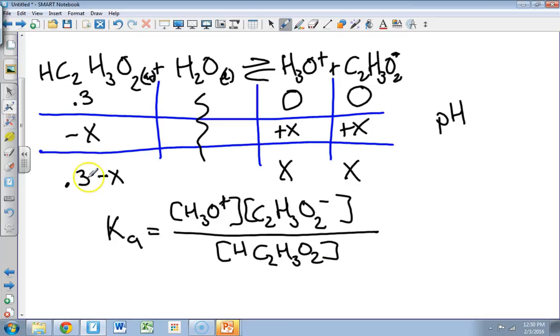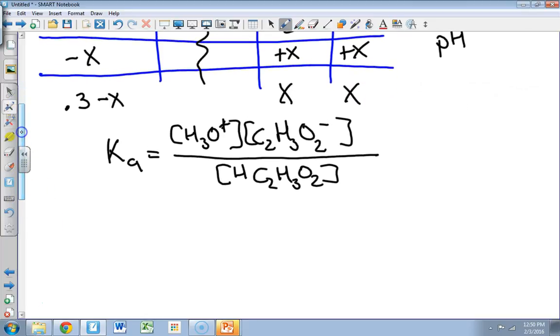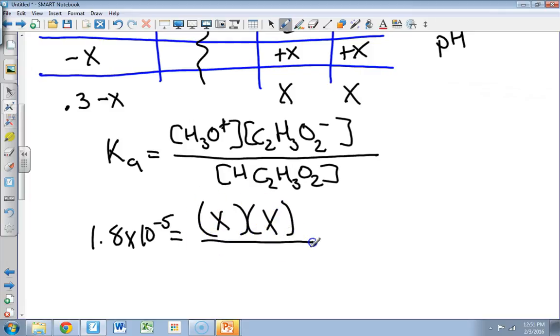We don't have numbers for those equilibrium conditions, but we do have values to put in. So for Ka, it's 1.8 times 10 to the minus 5, that was given in the problem, equals x times x all over 0.3 minus x.